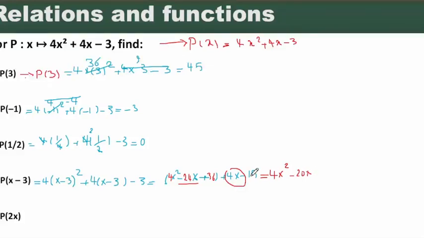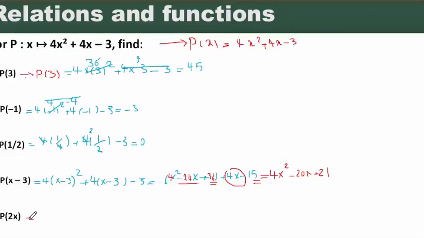And now I will go for the constant term, which is 36 and negative 15. That gives me plus 21. It's my final answer.